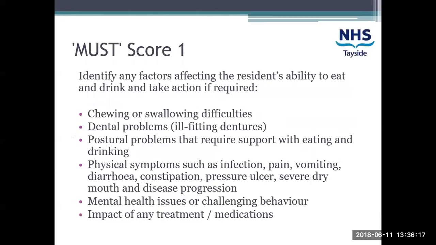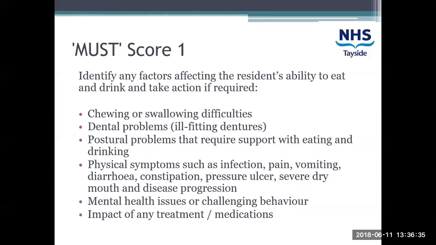So a MUST score of 1, we'll class that as observe and identify any risks affecting the residents' ability to eat and drink, and take action if required. As we've already discussed, identify the factors which could affect someone's intake.